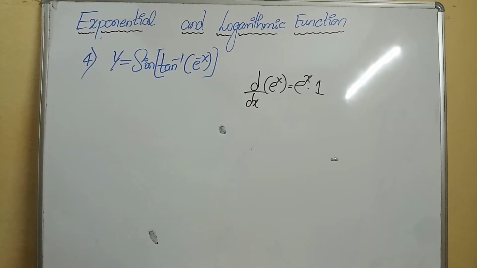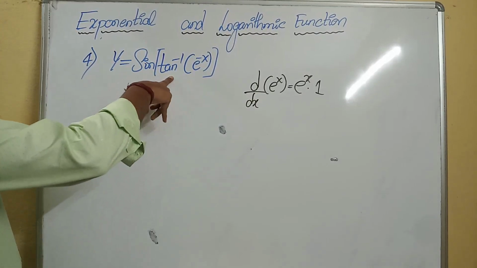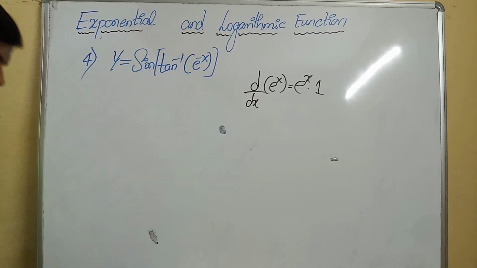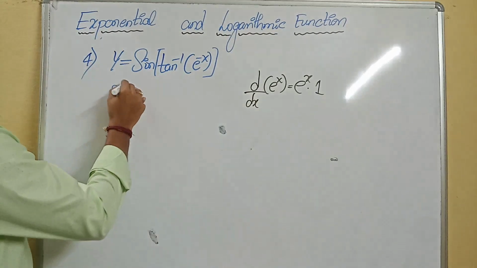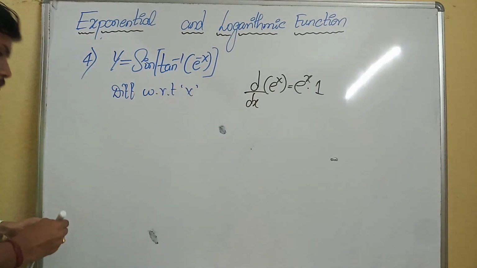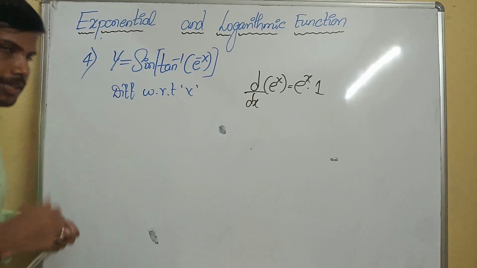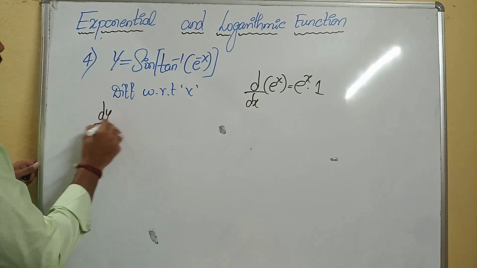Observe the next one. It is a composition of three functions. Sine outside, tan inverse inside, and again inside tan inverse e raised to minus x is there. How do we solve this particular problem? It is very simple. Differentiating with respect to x, step by step I'll write so you can understand easily. It will be dy by dx.